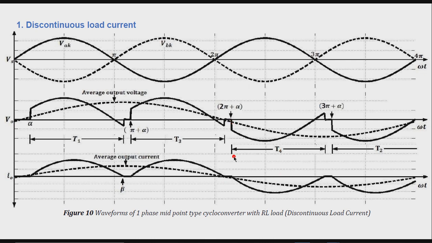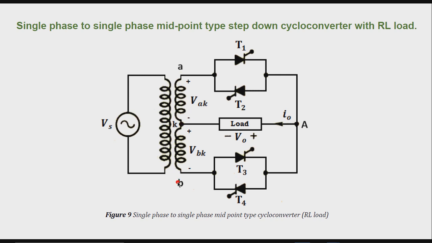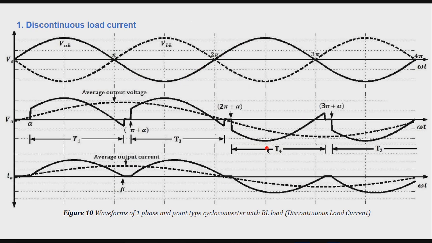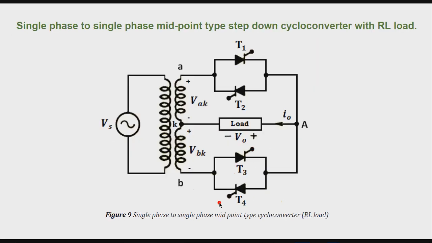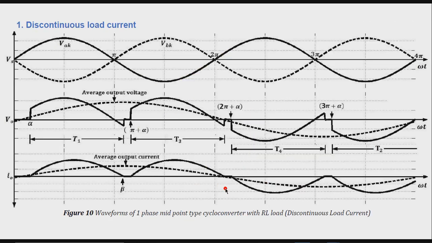At 2 pi plus alpha, T4 is triggered when A is positive with respect to B. As T4 is forward biased, it starts conducting, but the load direction is reversed, that is, it is from K to A. When T4 is triggered and starts conducting, the load direction is in this way. That means the load direction is reversed or negative.